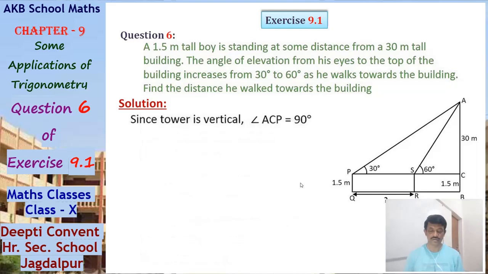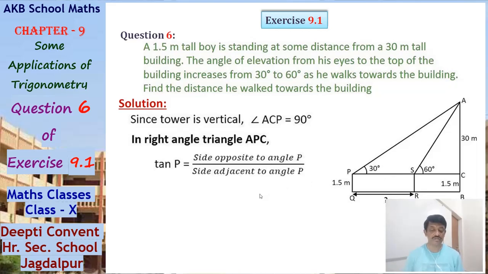Okay. Now, since the tower is vertical, angle ACP is 90 degree. That is, in the right angle triangle APC, this is the big triangle APC, with 30 degree angle, the opposite side is the perpendicular AC, that is 28.5, and PC. Okay, so perpendicular by base, we have to use the trigonometric ratio tan theta.